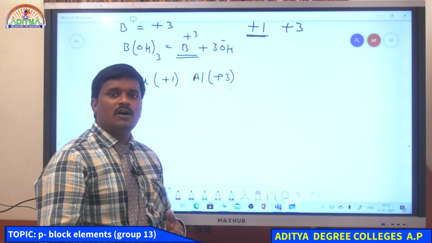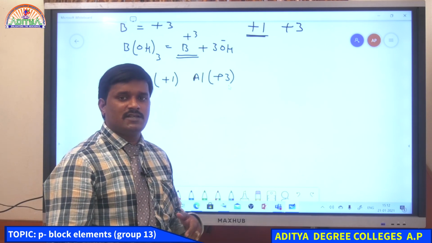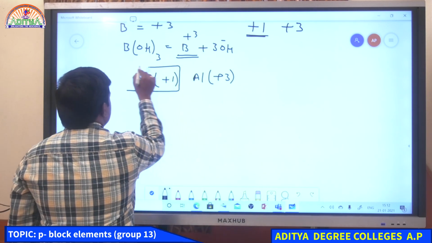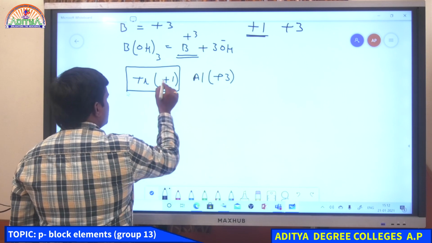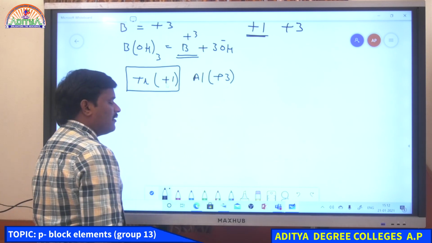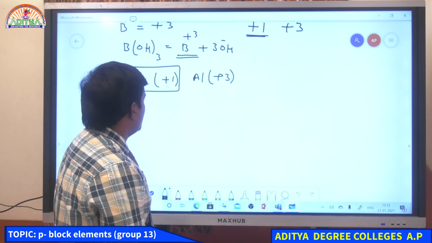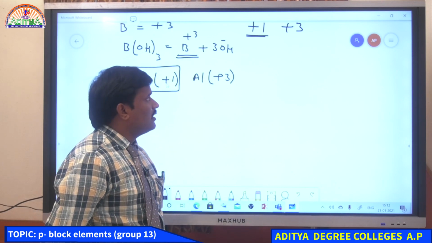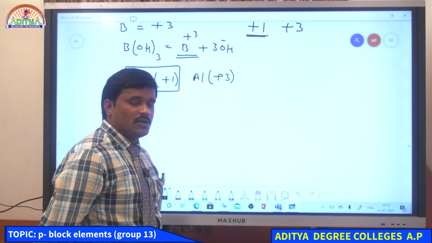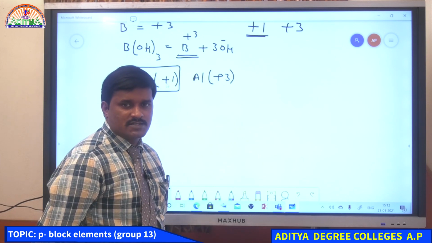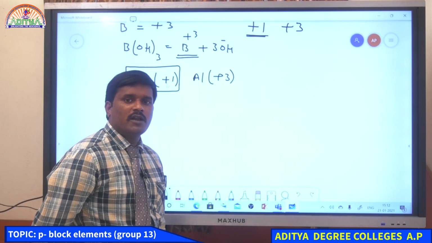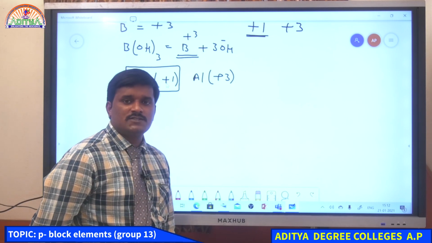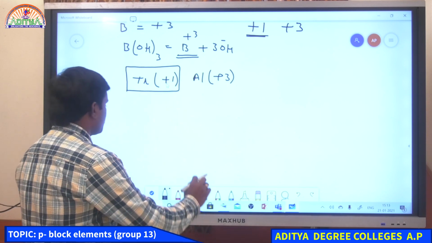So the +1 oxidation state increases from top to bottom and is the most stable oxidation state of thallium. This is the third property, oxidation number. In general, 13th group elements form +1 and +3 oxidation states, in which boron forms only +3 complexes, whereas thallium forms the +1 oxidation state.